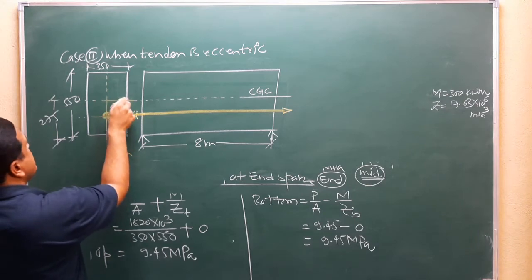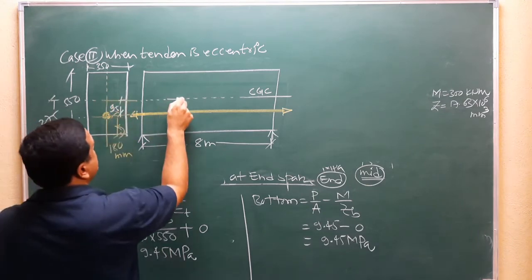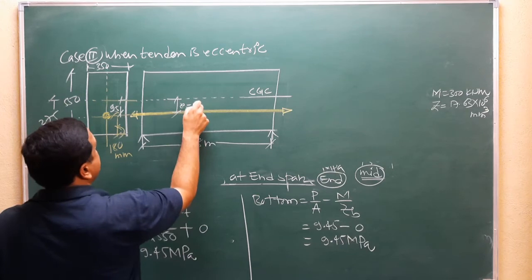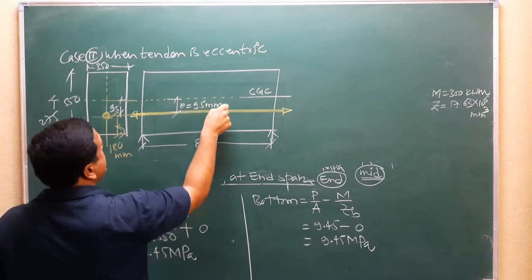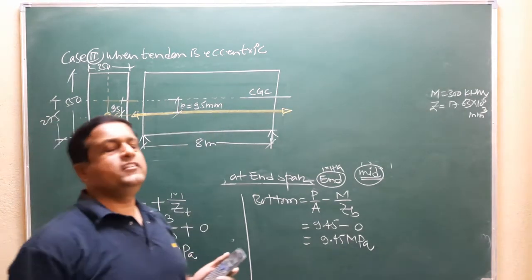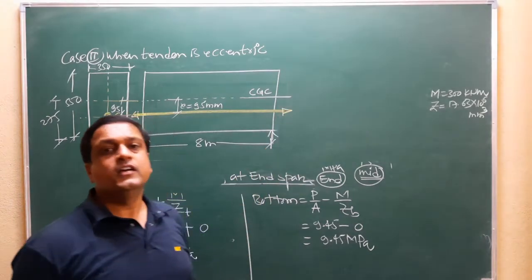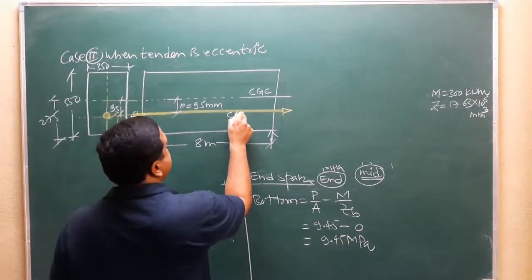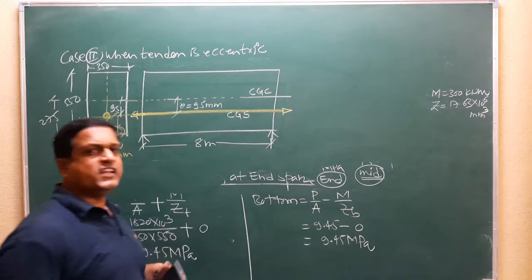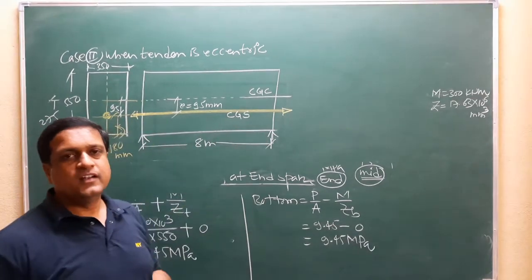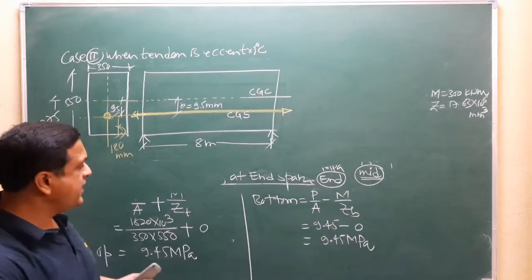So this distance is 95, and the eccentricity is 95. Eccentricity is always measured from the CG of concrete up to the CG of steel. CG of steel is nothing but the location of the tendon, isn't it?